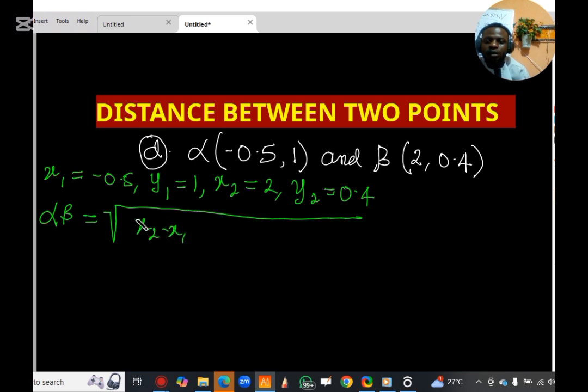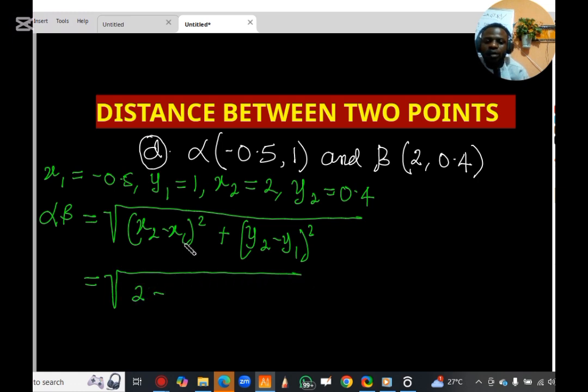the square root of x2 minus x1 all squared plus y2 minus y1 all squared. So putting the values now, we have our x2 is 2 minus our x1 which is negative 0.5, plus our y2 which is 0.4 minus our y1 which is just 1.